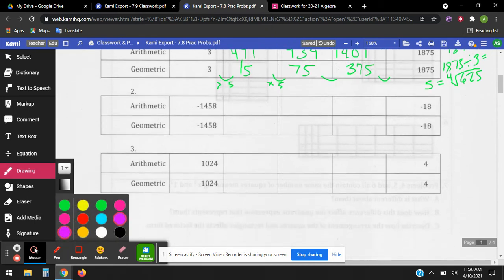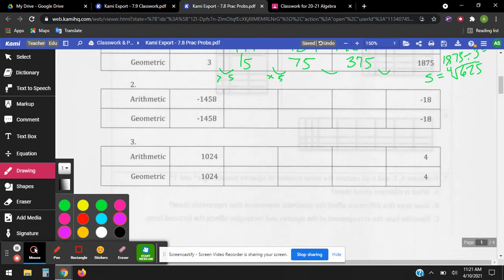All right, next. Let's do this one. So it's a subtract, with negatives. Negative 18 minus a negative 1458. So I'm really taking negative 18 plus 1458, and that is 1440.